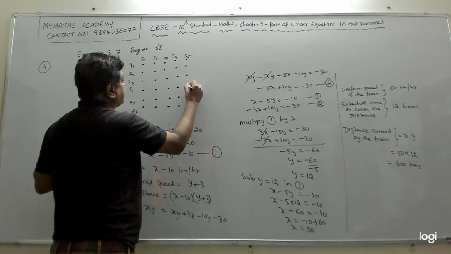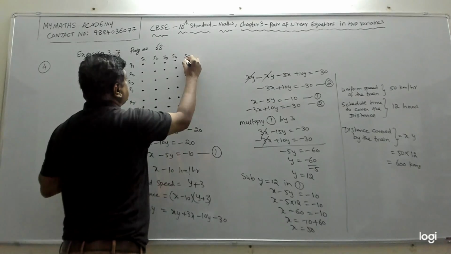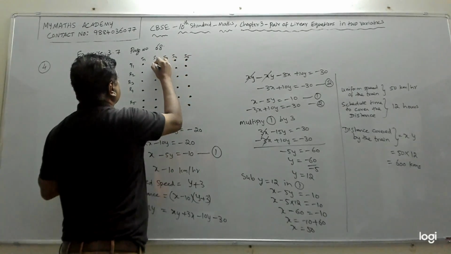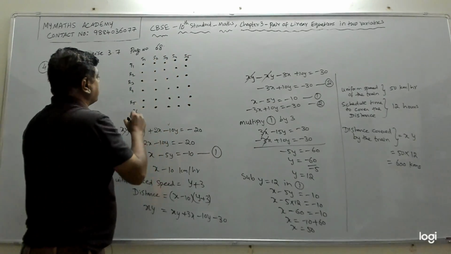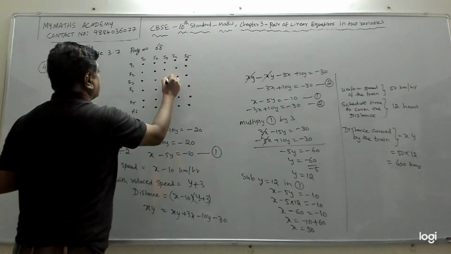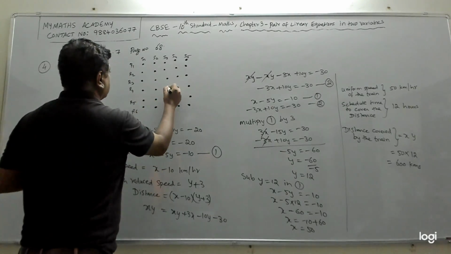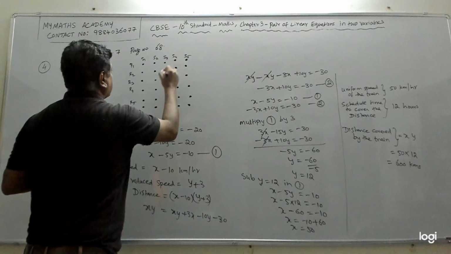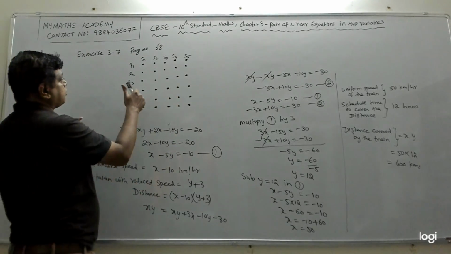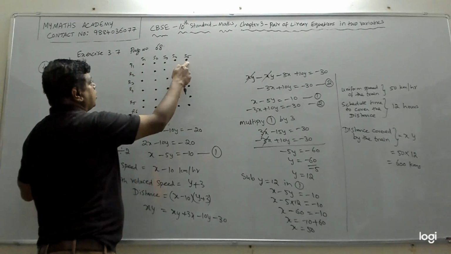I'm putting it a little darker so that it is visible on the video. So there are 5 students in a row, and 6 rows.